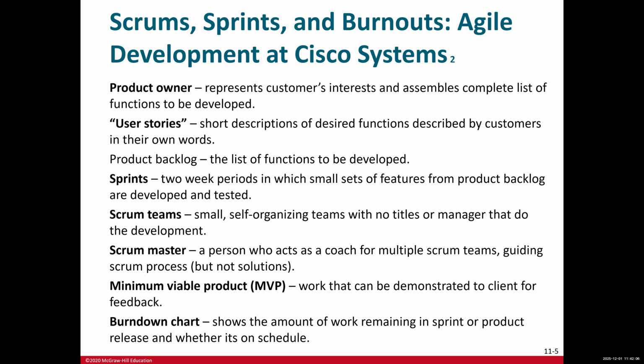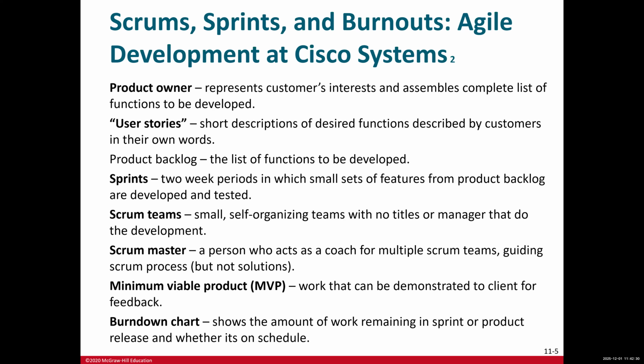The product owner is the person who represents the customer's interests throughout the entire process. They are responsible for making sure that the final product, whether it's an actual product or a software, aligns with what the customer organization needs and wants.